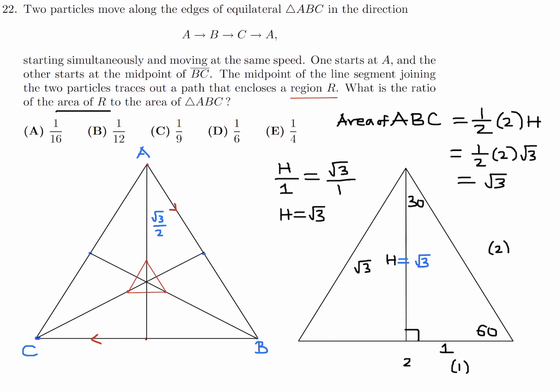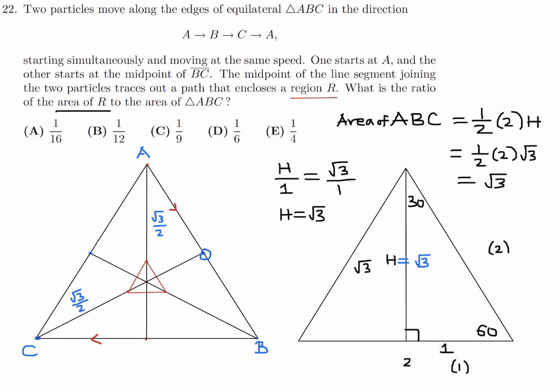In a very similar way, you can show that the distance from here to here is also root 3 over 2. Why? Because this was the midpoint when the two particles were here and here, correct? So this whole distance is exactly the same as that distance, which is root 3, as I figured out over here. So therefore, the distance from there to there is also root 3 over 2.